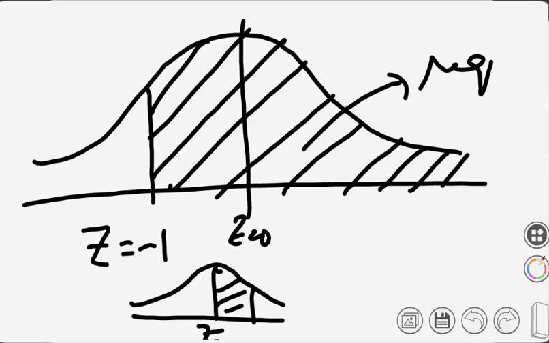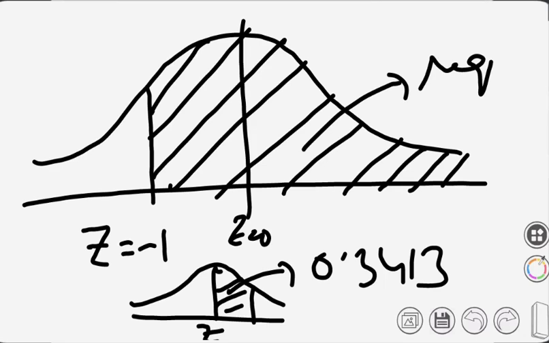That area is given. So how much is it for 1.0? 0.3413. Very good. So this area is given as 0.3413. Now who can tell me what will be the required area? How can we find this out? This area is given as 0.3413.